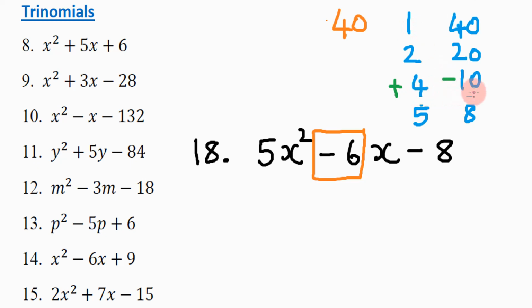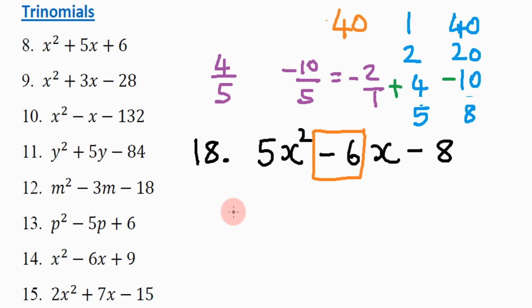Now we take each of these numbers, 4 and 10, or positive 4 and negative 10, and we divide it by the x squared coefficient. So it's going to be 4 over 5, so positive 4 over 5, and negative 10 over 5. We can simplify this, 5 into 10 twice. So it's negative 2 over 1.